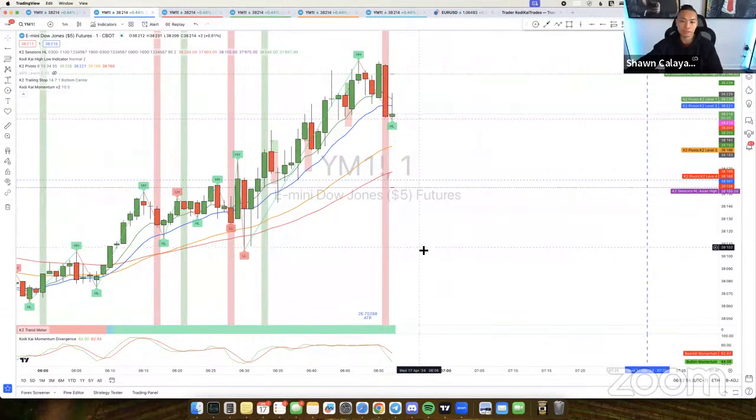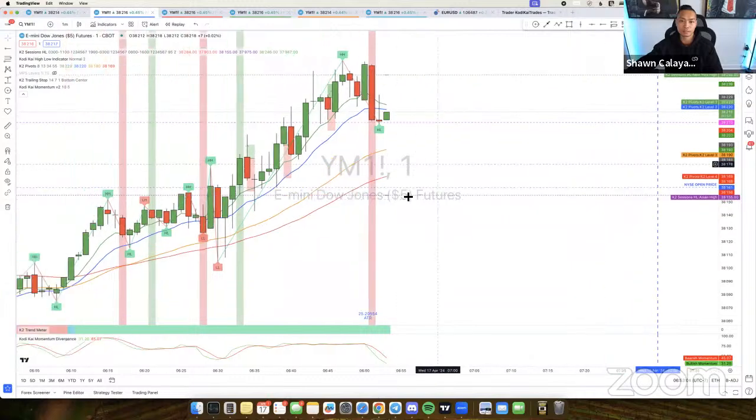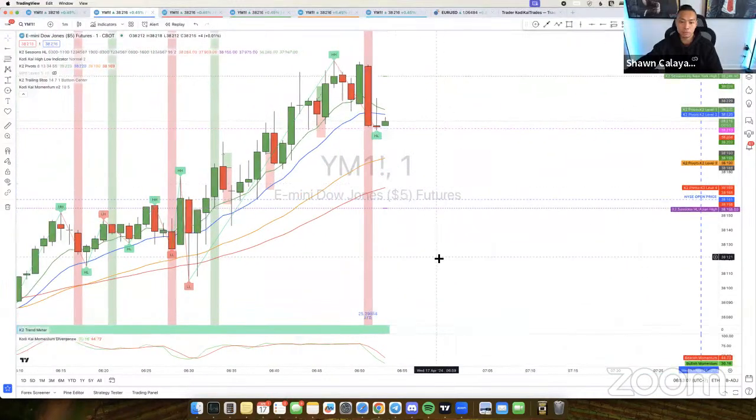Technically you can still take a trade with just pure momentum. You don't really need all of the extra confluences. For me personally, I like the extra confluences because I want to know for sure my trade's going to hit. For other people, they just don't care, which is fine too.